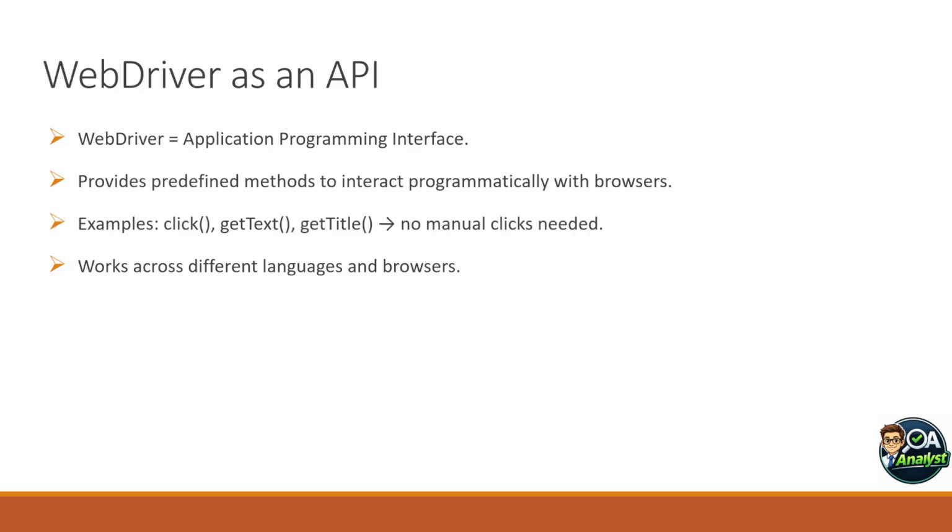Instead of manually clicking and typing, you just call methods like click, getText, getTitle, getPageSource, and WebDriver performs those actions on the browser for you. And the best part is the same WebDriver API works across different programming languages and browsers. So this is the WebDriver API. We will discuss it in more detail in our future sessions.